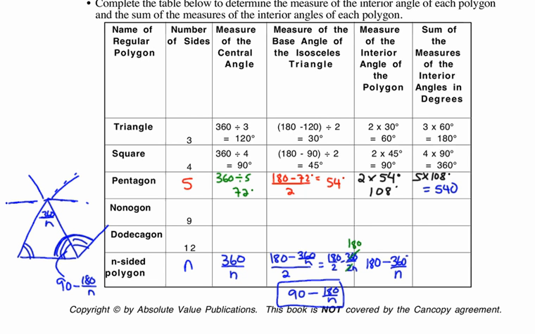And then we said, okay, well, if there's n different sides, we just took the number of sides times each angle.